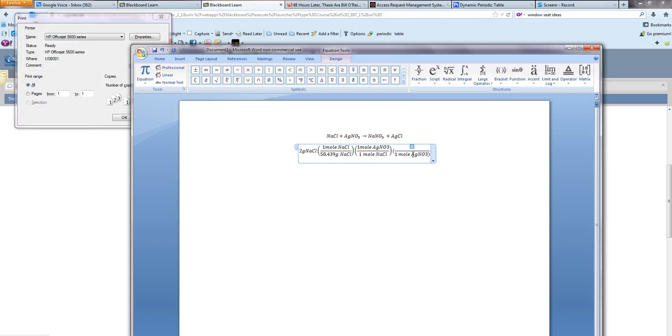And my grams for 1 molar mass in grams of silver nitrate is 169.87, and I calculated this. Yours might be a little bit different than mine depending on which periodic table you're using. But this is your equation.